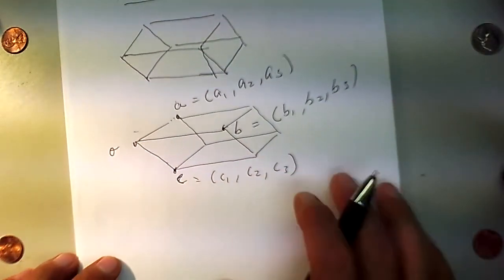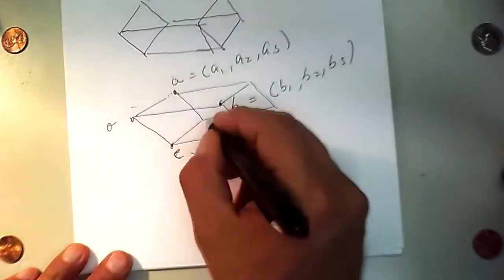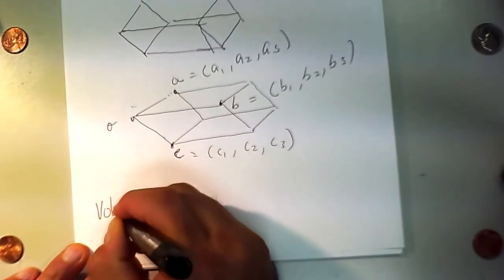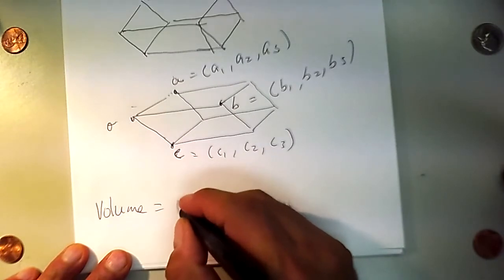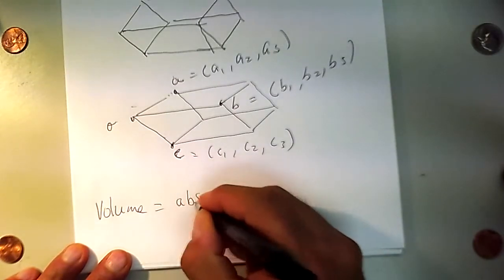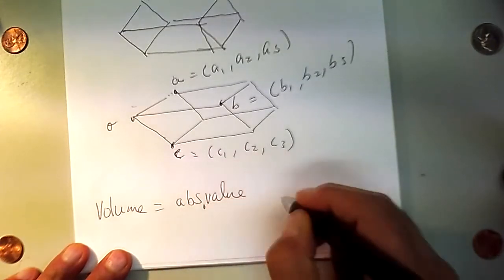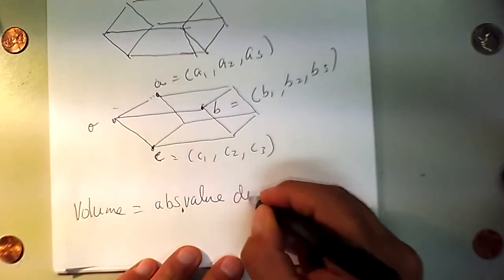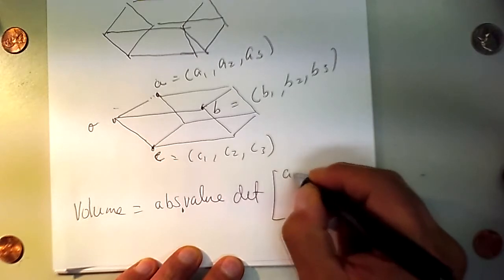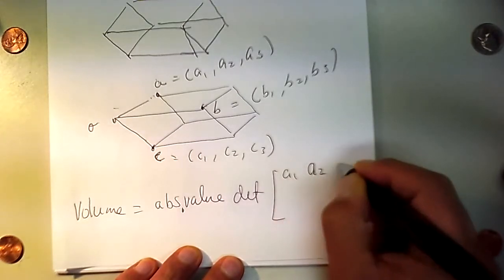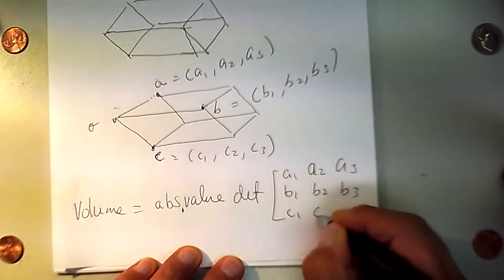Then it turns out that the volume of this parallel pipe is equal to the absolute value, so ABS for absolute value, of the determinant of the matrix A1, A2, A3, B1, B2, B3, C1, C2, C3.